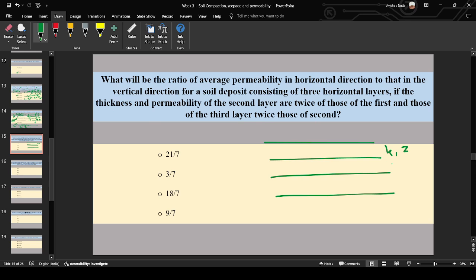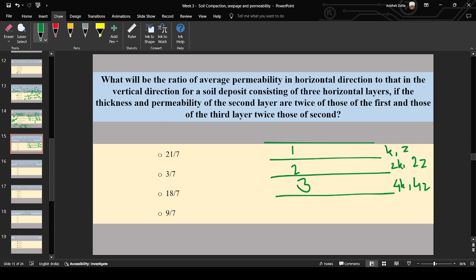So for the second one, it is 2K and 2Z. For the third layer, it is twice of the second. That means for the third layer, it is 4K and 4Z. This is 1, this is 2, this is 3.